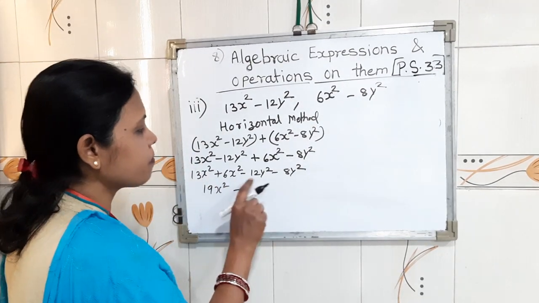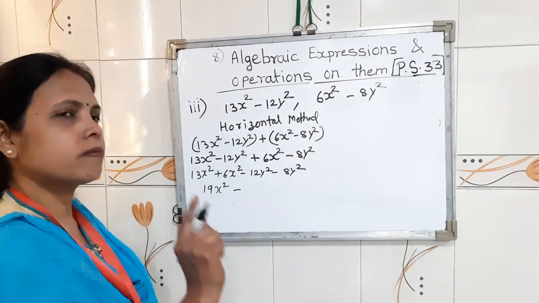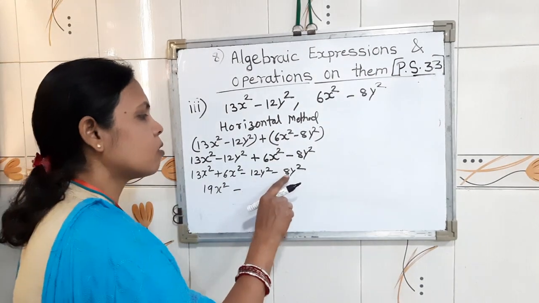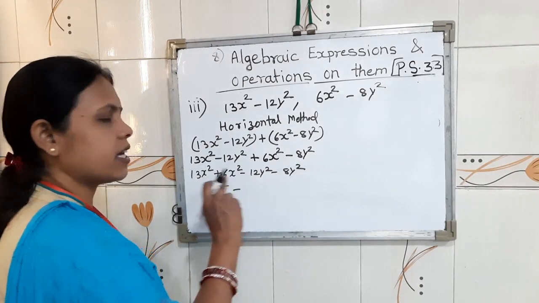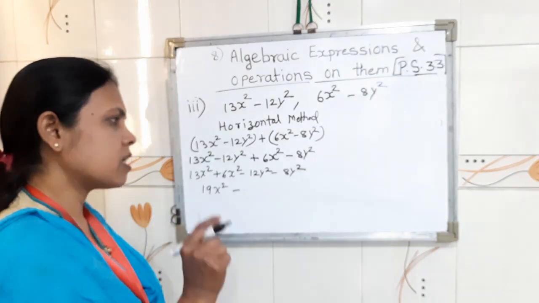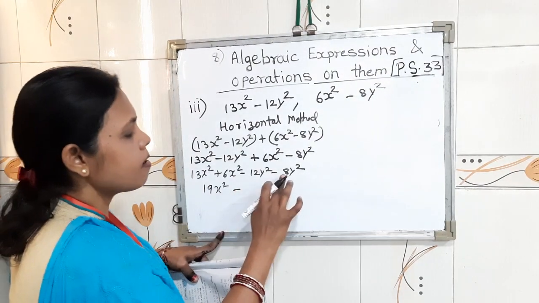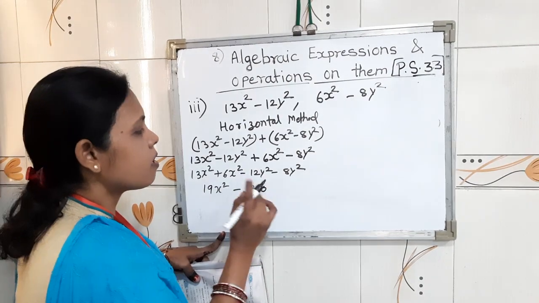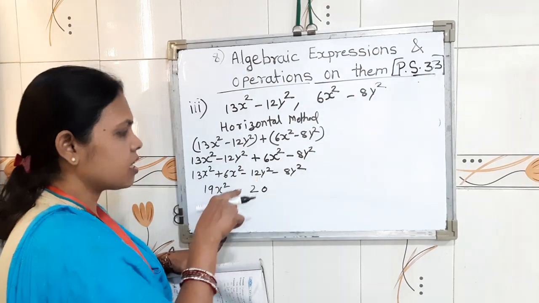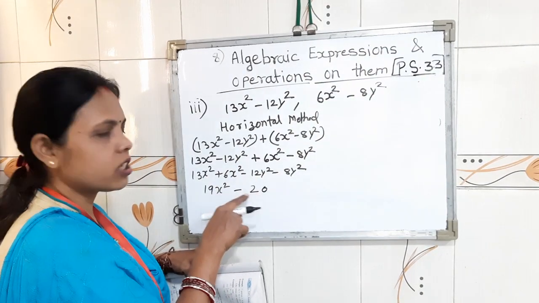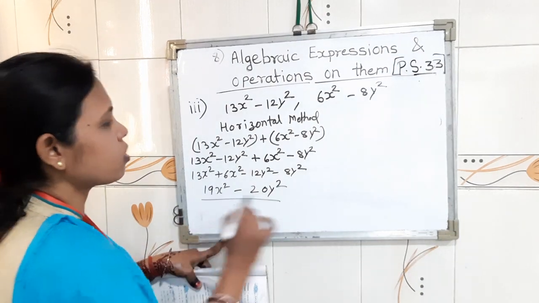In both terms a negative sign is there, so we will add both numbers because both numbers have the same sign. If numbers have the same sign, we add them. 12 plus 8, 20. And the sign will be whatever sign they are carrying, that same sign we put in the answer. 20y square. This one is your answer.